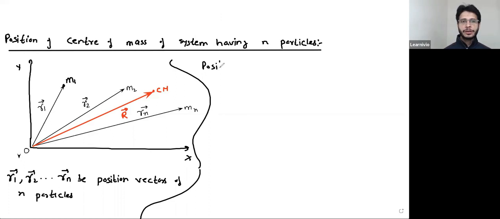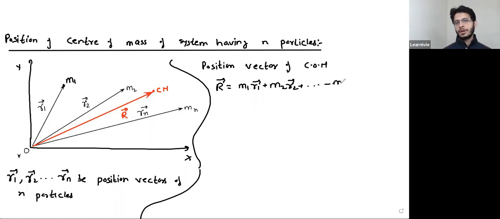So the position vector of center of mass is m1 r1 plus m2 r2 up to mn rn divided by the total mass m1 plus m2 up to mn.